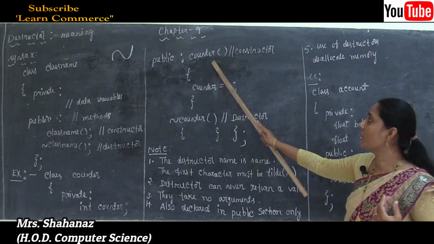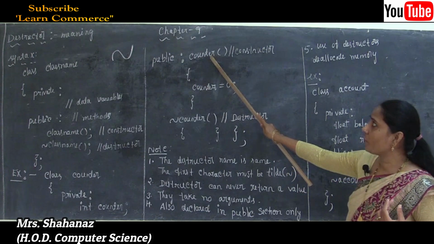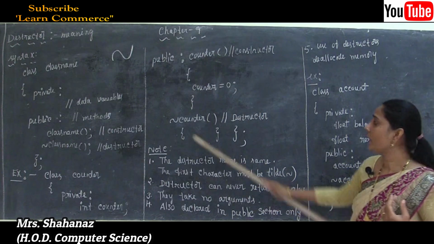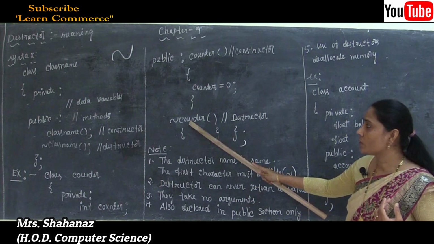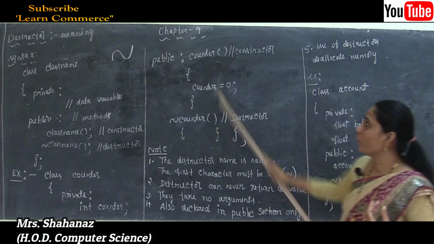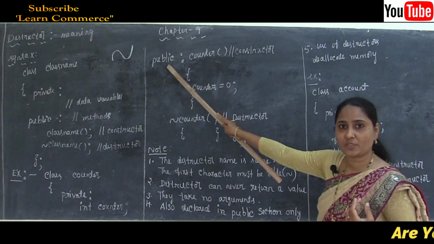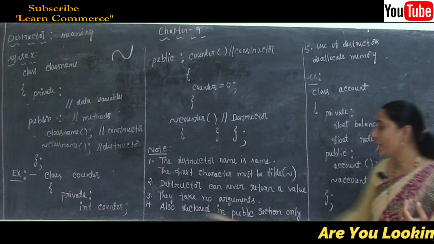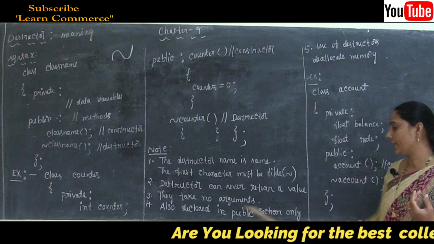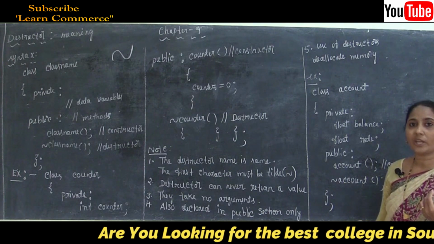So first we need to define the constructor special member function, and later we need to use our destructor special member function, in our public access specifier. So the destructor special member function should be declared in the public section only.